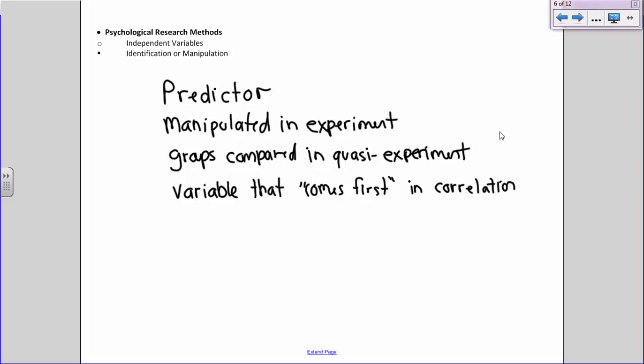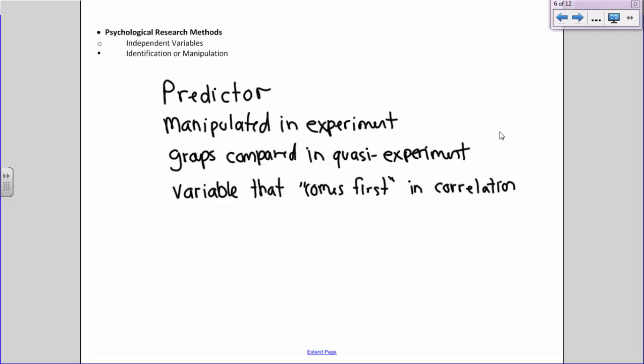So an example of this would be basically there's this strong debate in IO psychology about the relationship between performance and job satisfaction. Some people think that because there's always a really high strong relationship, right? Those who are better performers tend to be more satisfied. But is it performance that's leading to satisfaction, or is it the people that are more satisfied tend to perform more because they're happier, right?